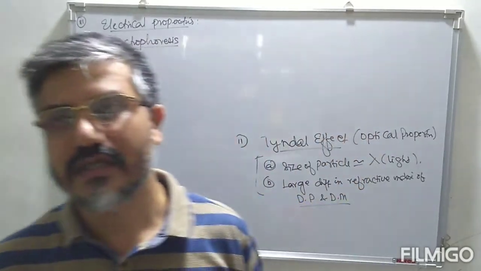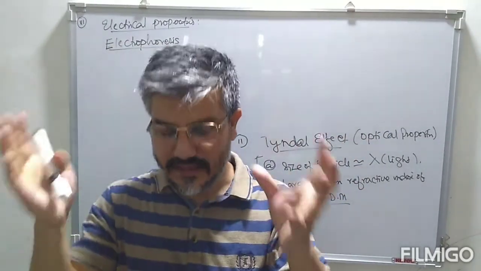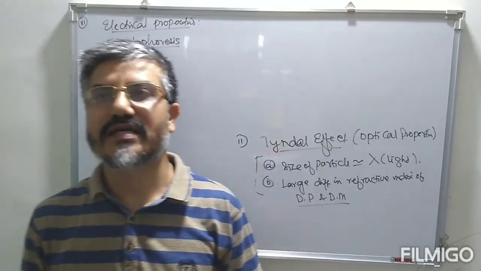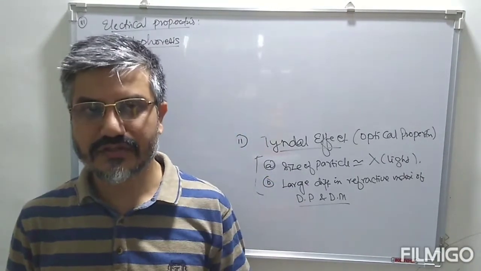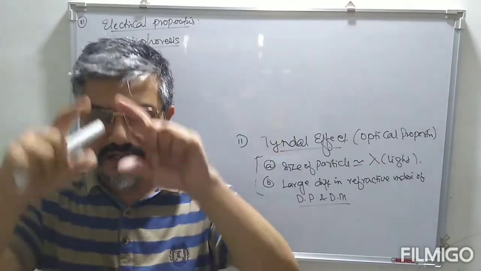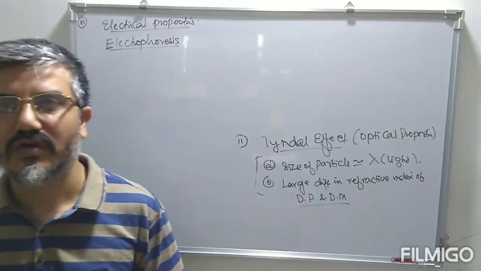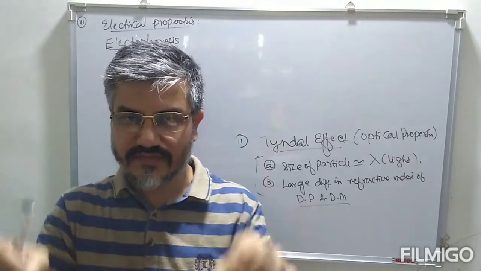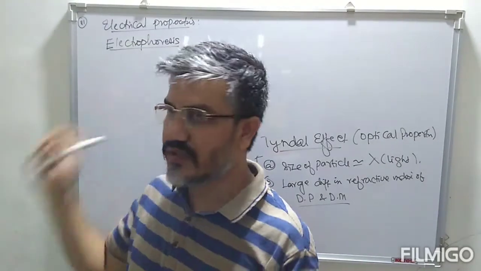Electrophoresis. In this, we take a colloidal solution, and inside this colloidal solution two electrodes are dipped, one cathode and the other anode, and potential is passed through.